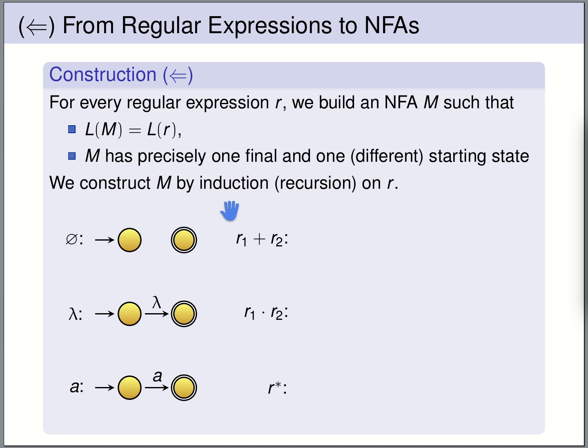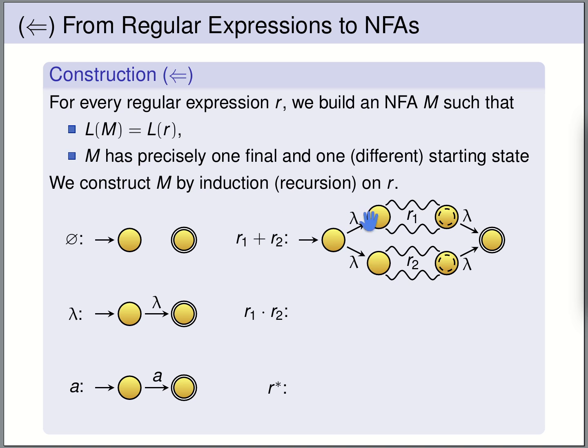So now we construct a new automaton. This is the automaton for R1. We assume that we have already created this. This is the automaton for R2. We assume that we have already created this. And now we construct a new automaton from them. We add a fresh starting state and a fresh final state.